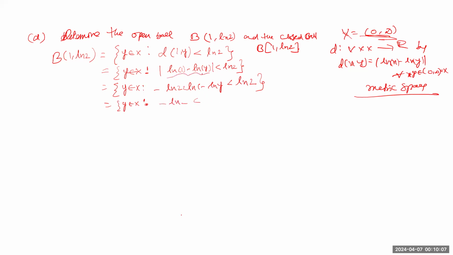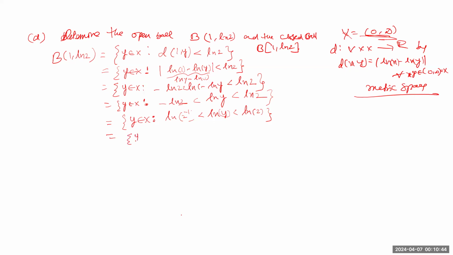Of course, you can also write lny minus ln1, for the sake of the modulus, no problem. That is minus ln2 is less than lny is less than ln2. So I can write y belonging to X such that ln of 2 to the power of minus 1 is less than lny is less than ln2.